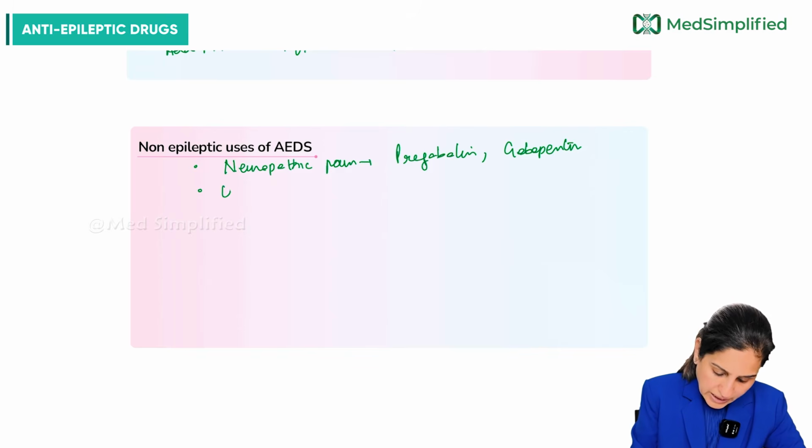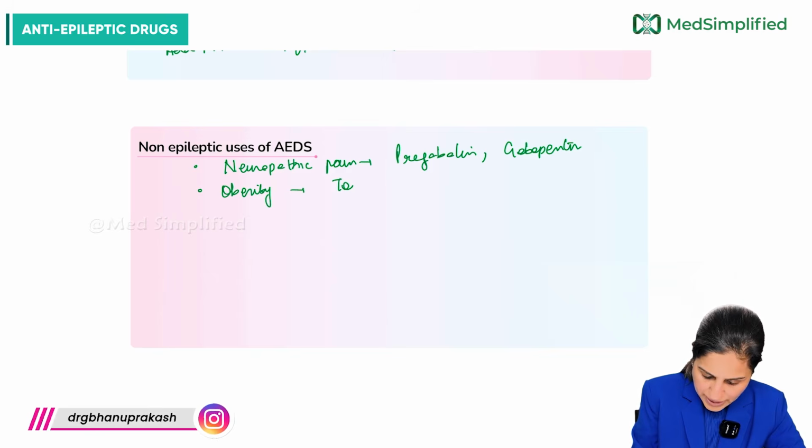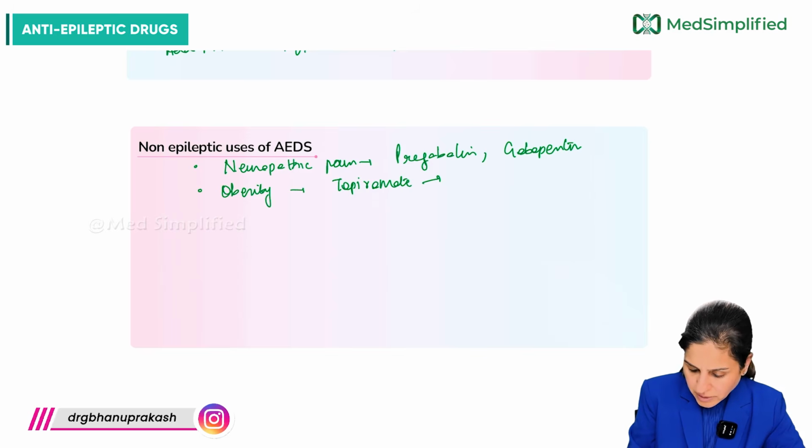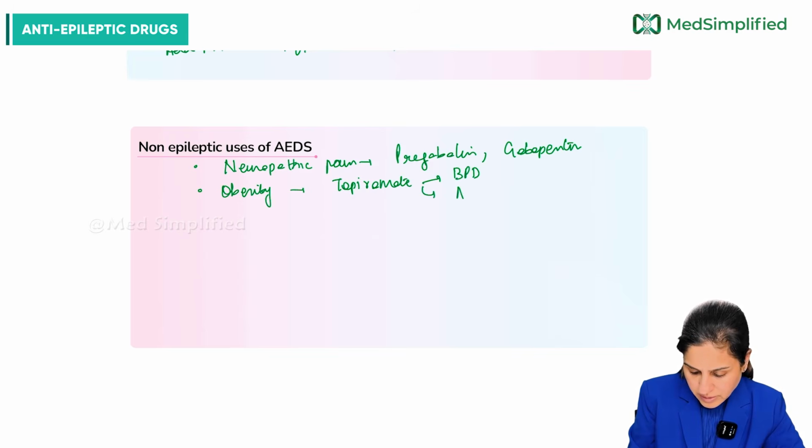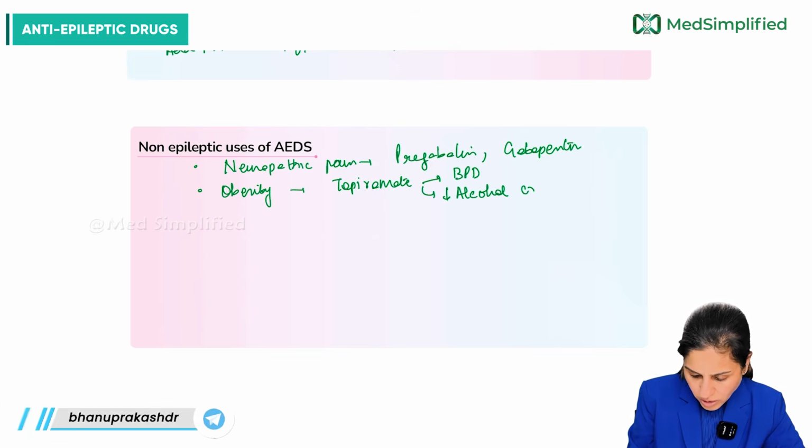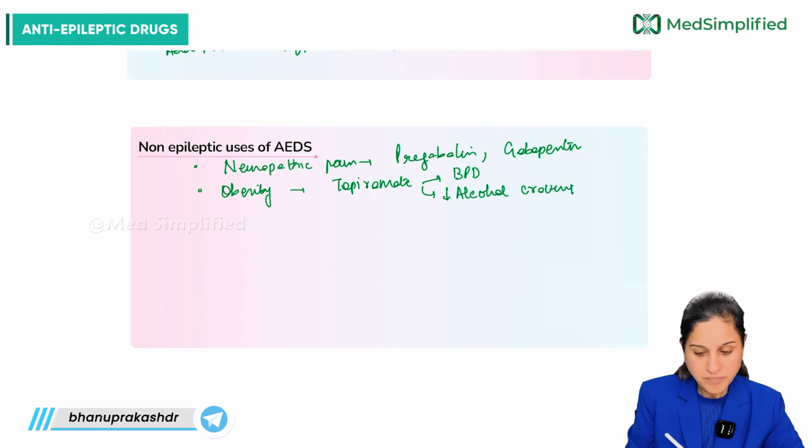Then in case of obesity, we use topiramate. Other uses of topiramate were already discussed with you. It can be used in bipolar disorder and to decrease alcohol craving. So it can be used in these conditions.